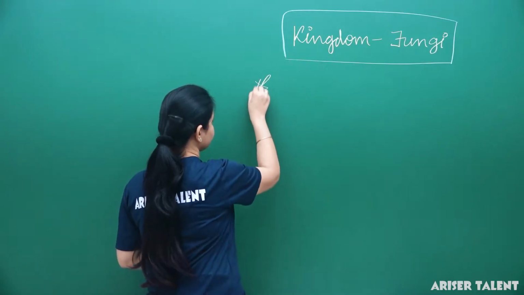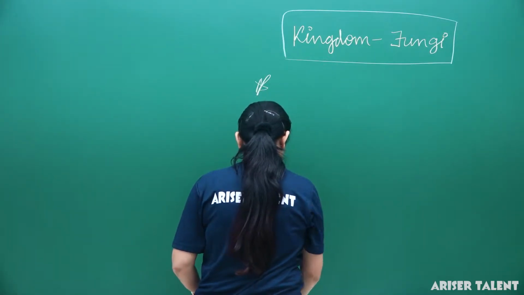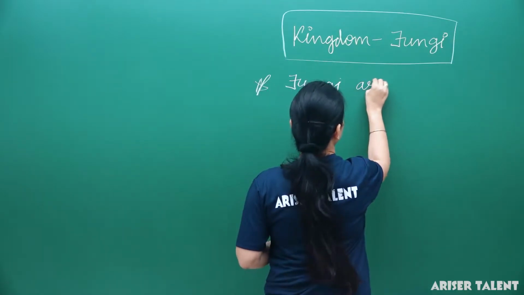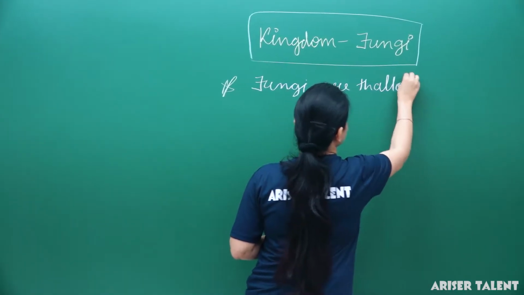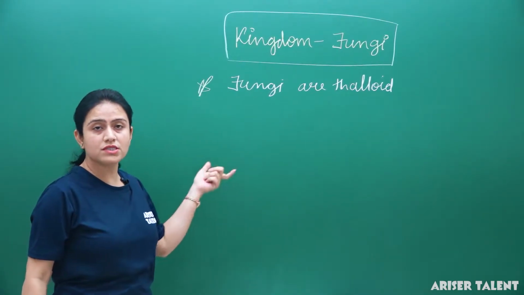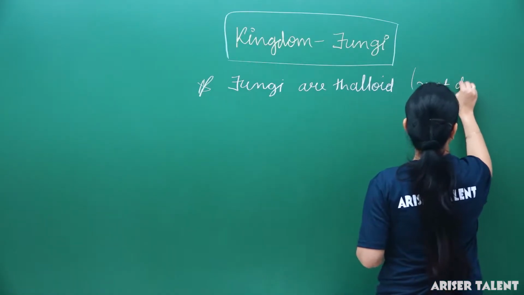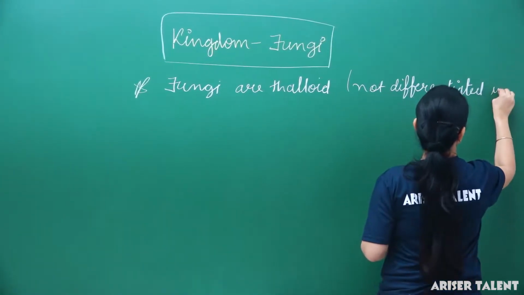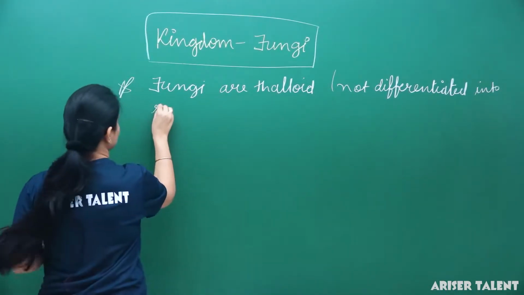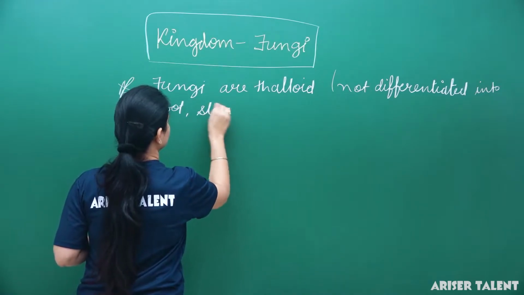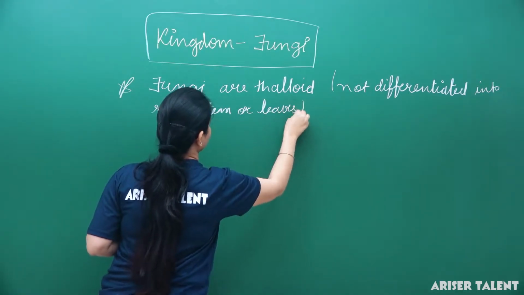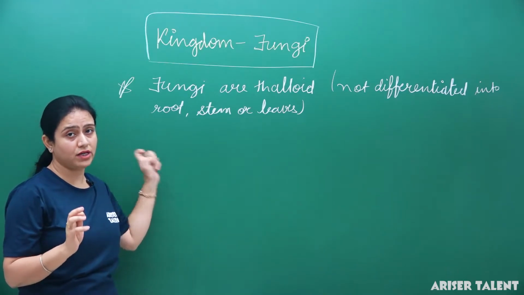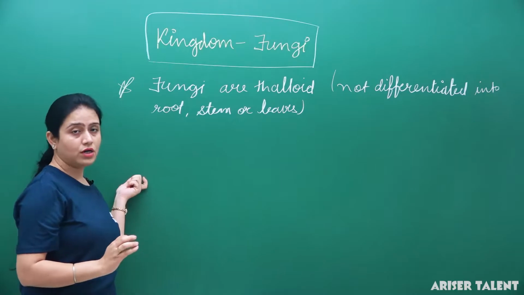So we can say that if we talk about the body of these fungi, they are thallus in structure, meaning they have a thalloid body structure. The body is not differentiated into root, stem and leaves.